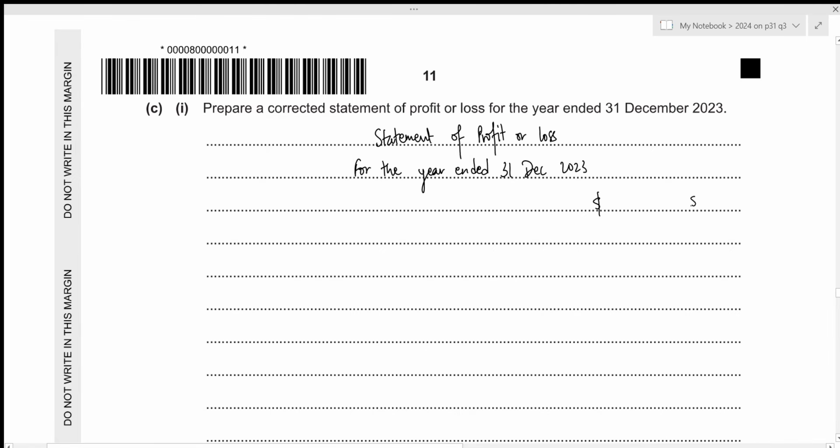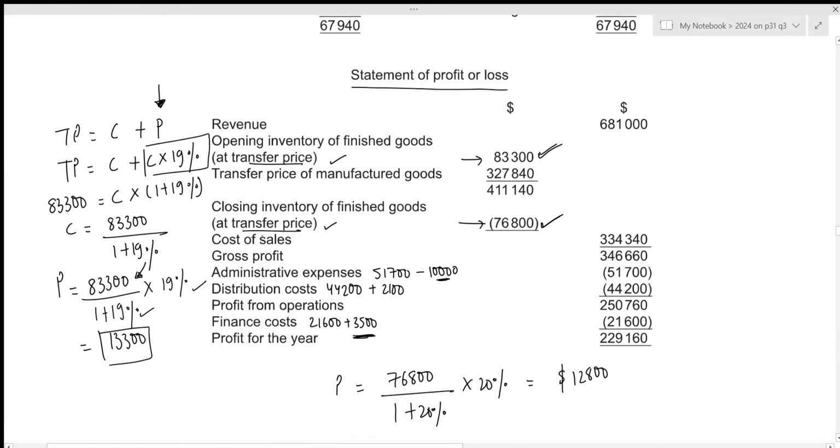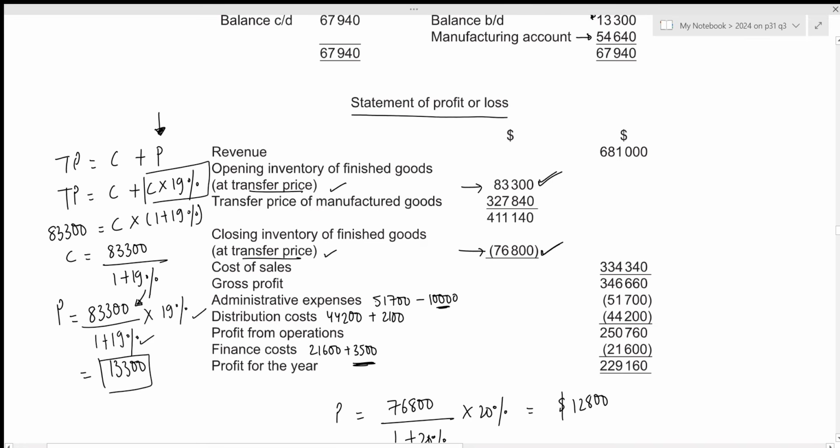We always start with revenue, and in this case I don't think we did anything to the revenue, so we can still include the previous value. We've already adjusted the information as well, so we can just copy down the amounts that we have here, 681,000. Then our opening inventory and the closing inventory value is correct, so we can just include it as 83,300 and 76,800.